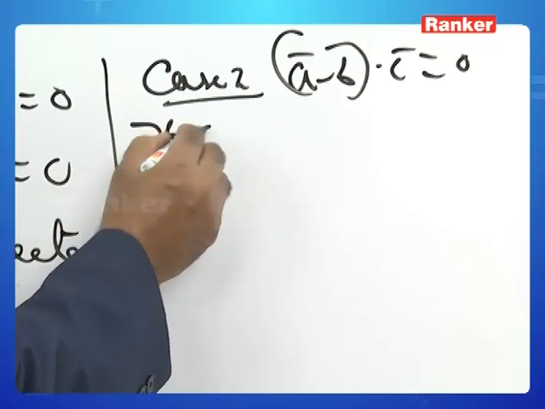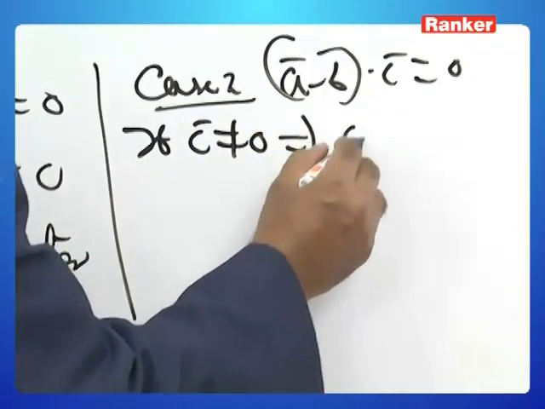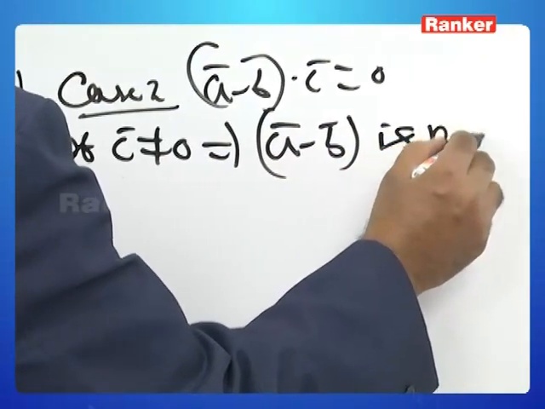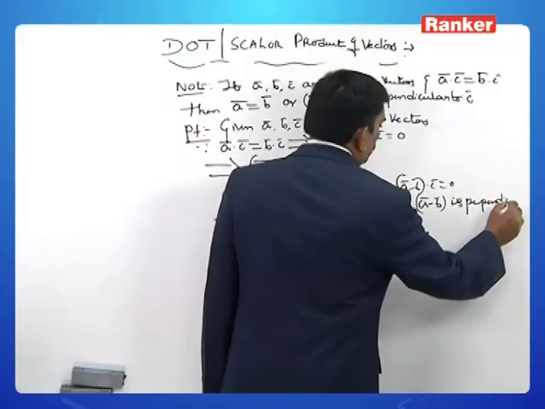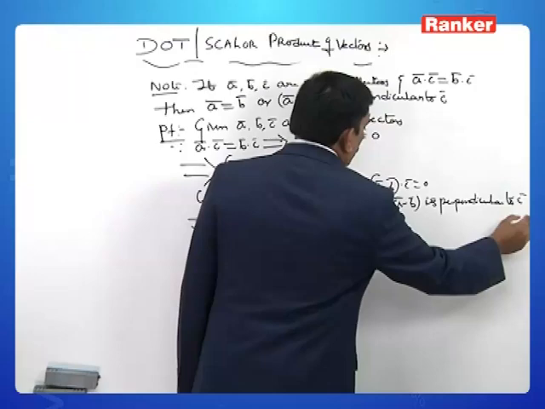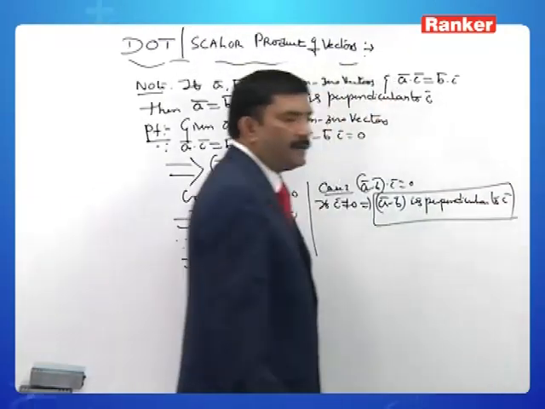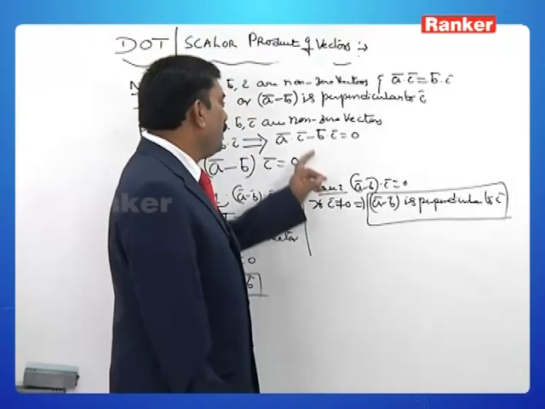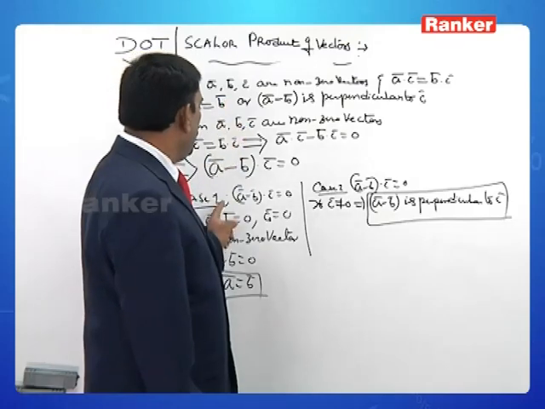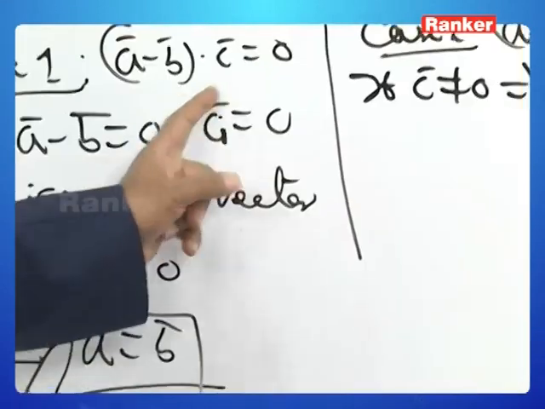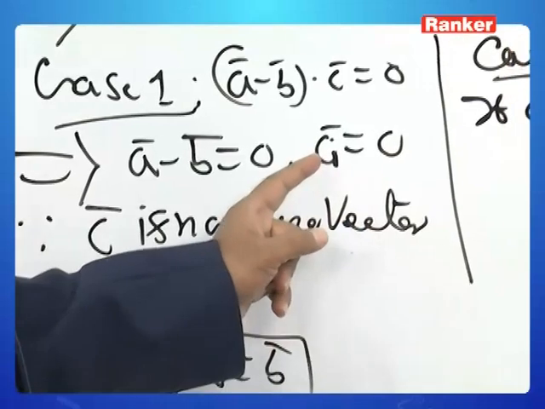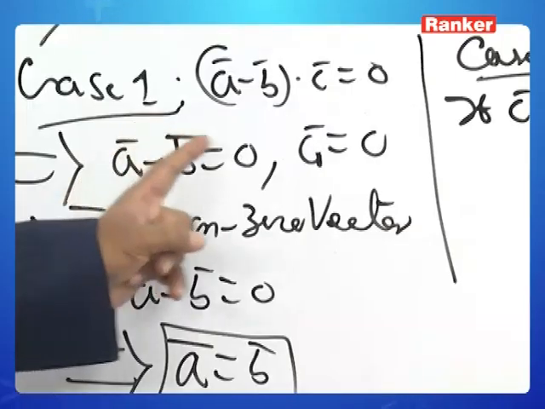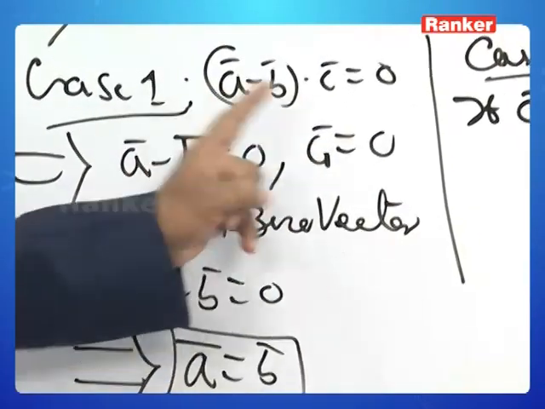Next, now if C bar is not equal to 0, which implies A minus B is perpendicular to C bar. Followed? So therefore, according to this, if A bar minus B bar dot C bar is equal to 0, then one of them must be equal to 0, since C bar is a non-zero vector. Therefore, C bar is not equal to 0. Any one must be equal to 0.